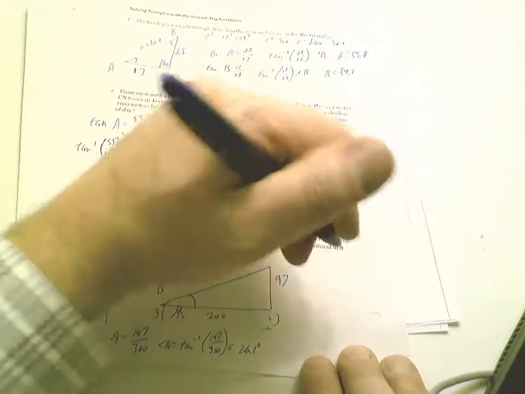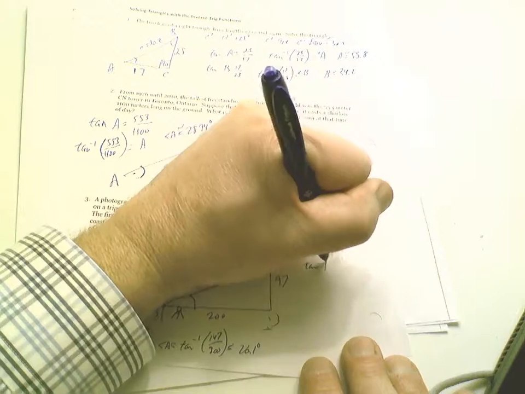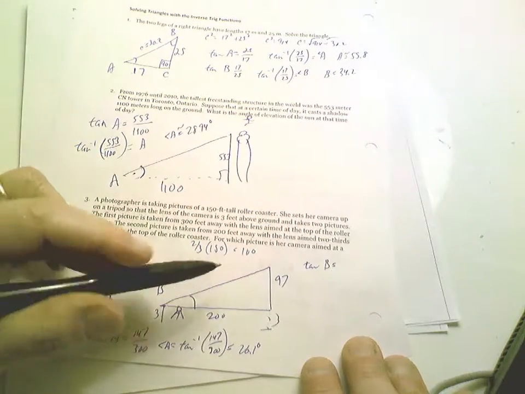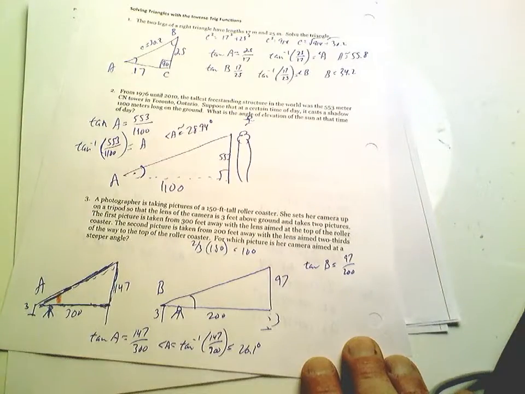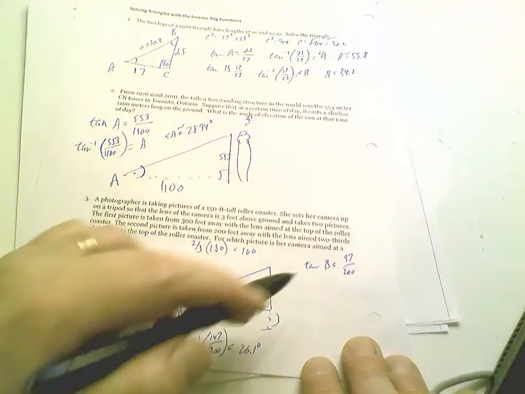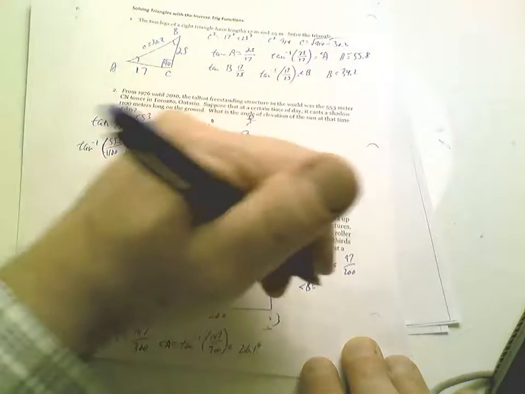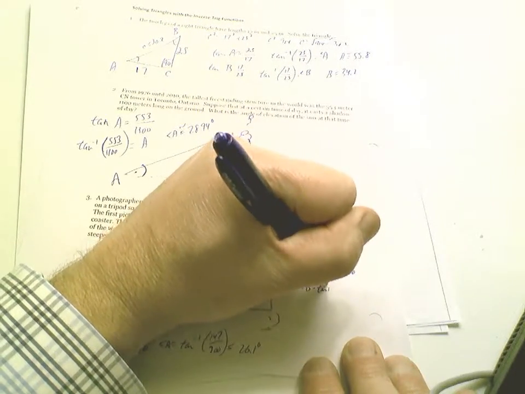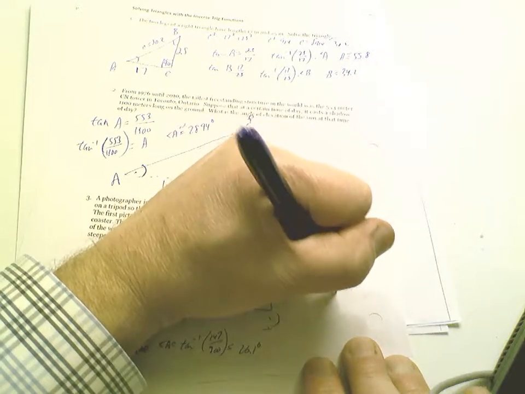Over here, 200 feet away, 97 feet up, that's what this angle is working with. I know that the tangent of angle B is equal to 97 over 200. I know that angle B is equal to the inverse tangent of 97 over 200.